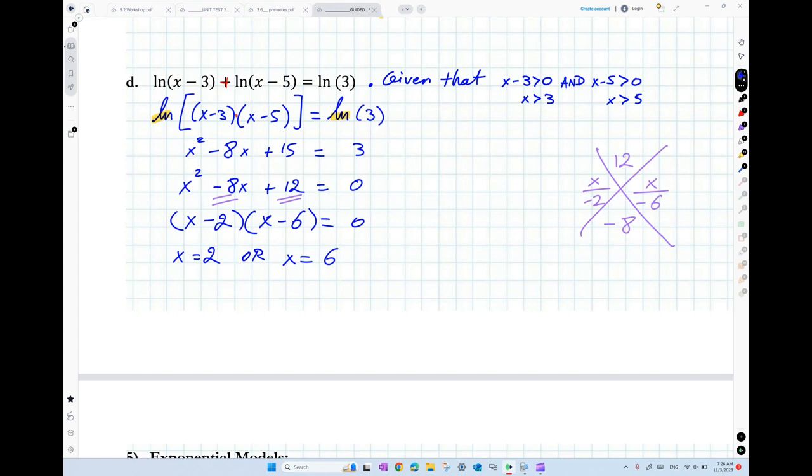But I need the result to be greater than 3 and greater than 5. So greater than 5, basically, which is true only of this one. X equals 2 is called an extraneous solution. Therefore, x equals 6. This one is not a solution.